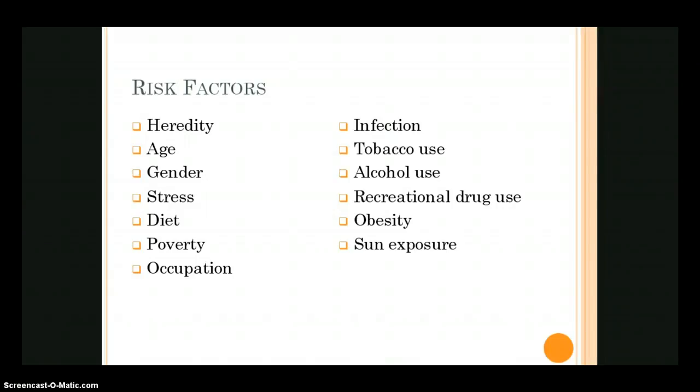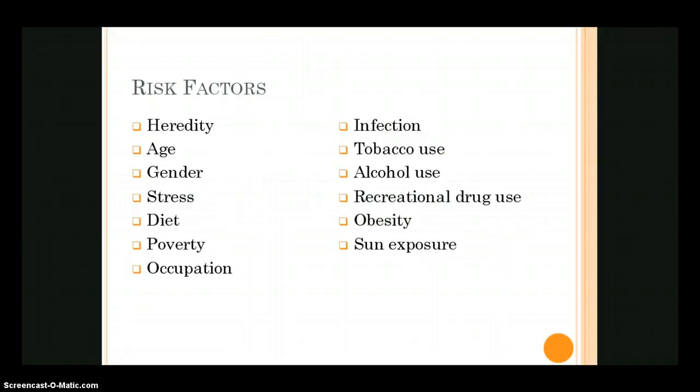Whenever we have high levels of stress, we have a continuous production of hormones. And when we have a continuous production of hormones, we'll produce epinephrine, and over time we get what's called systemic fatigue, and that will ultimately impair our immunological surveillance and impact our immune system. We talked a little bit about sun exposure. I'm not going to talk about all of them, but those are some common risk factors.